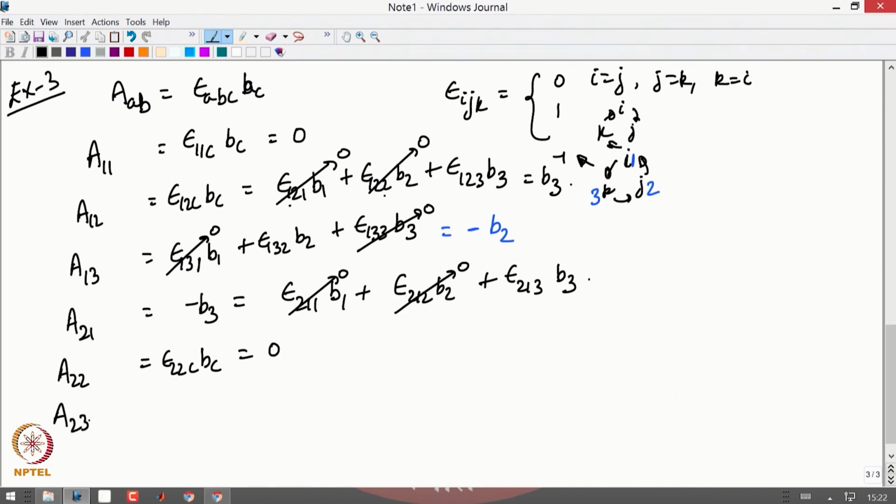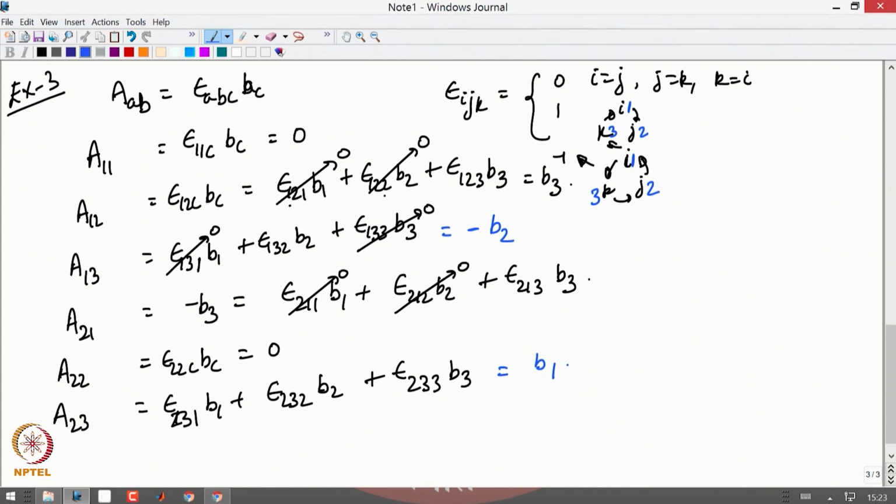A23 is going to be epsilon 231 B1 plus epsilon 232 B2 plus epsilon 233 B3. If i is 1, j is 2 and k is 3, 231 is in a cyclic permutation, and hence this will be nothing but B1.